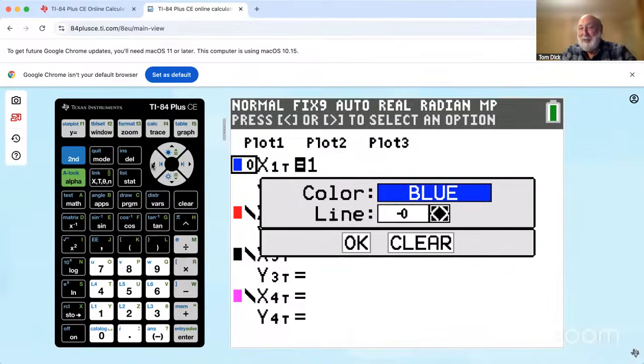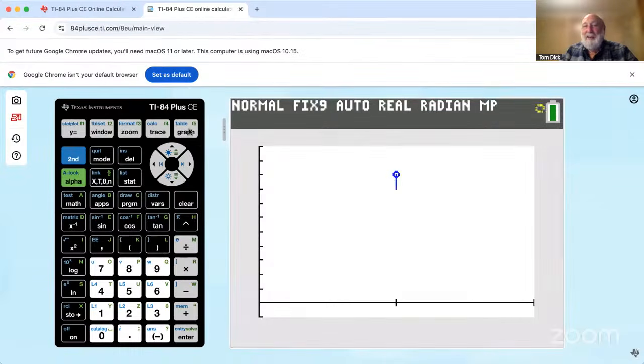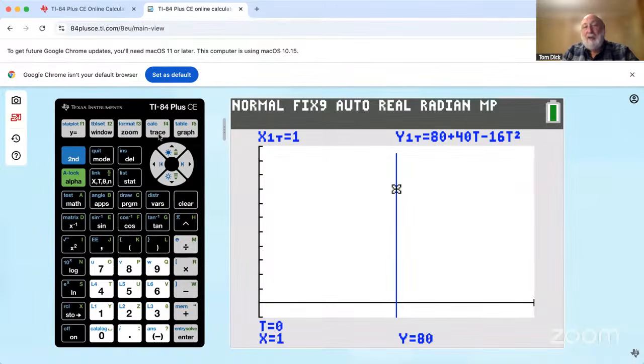So that's where you see that little thing to the left of the circle. That just means it's going to leave a trail. Okay, so let's see what this one looks like. So I'm going to graph again. And you see it's left a trail. So you saw both the ball and the trail. And now if we trace, we can actually see it going up and down that line.